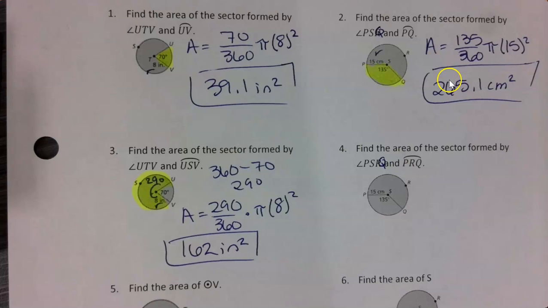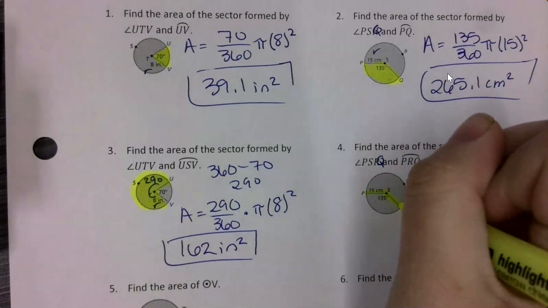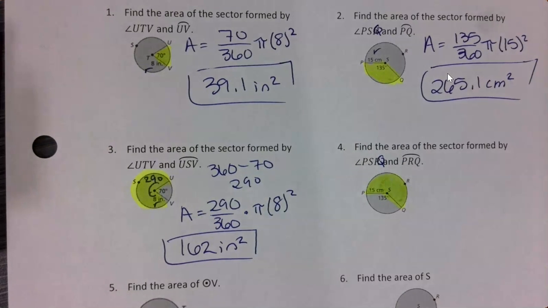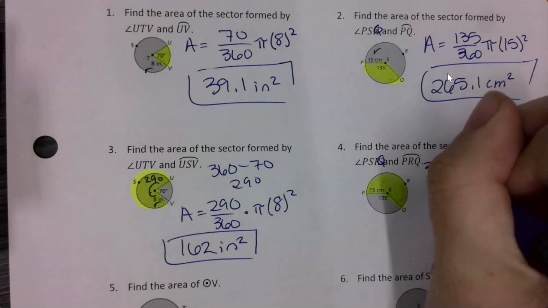Okay, so number 4 is the same circle as number 2, but this time, again, I'm finding the Pac-Man shape of this one. So I have this circle. I want to go ahead and take the 135 and subtract it from 360.